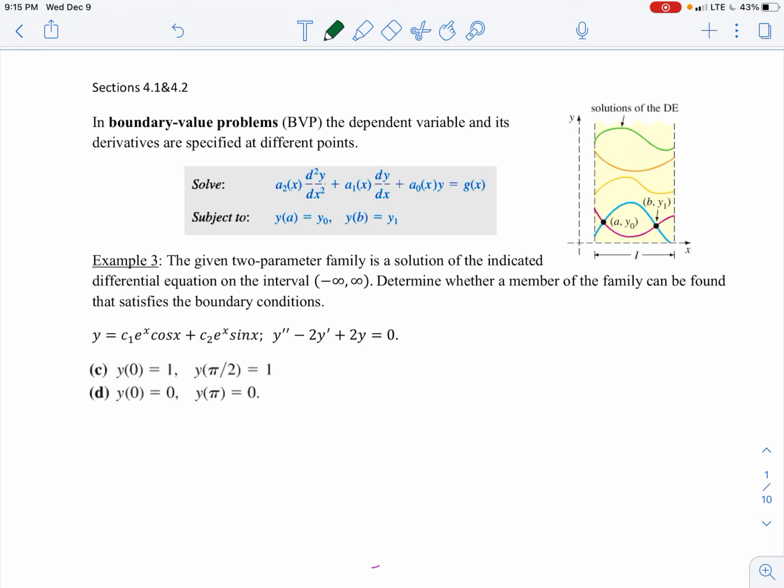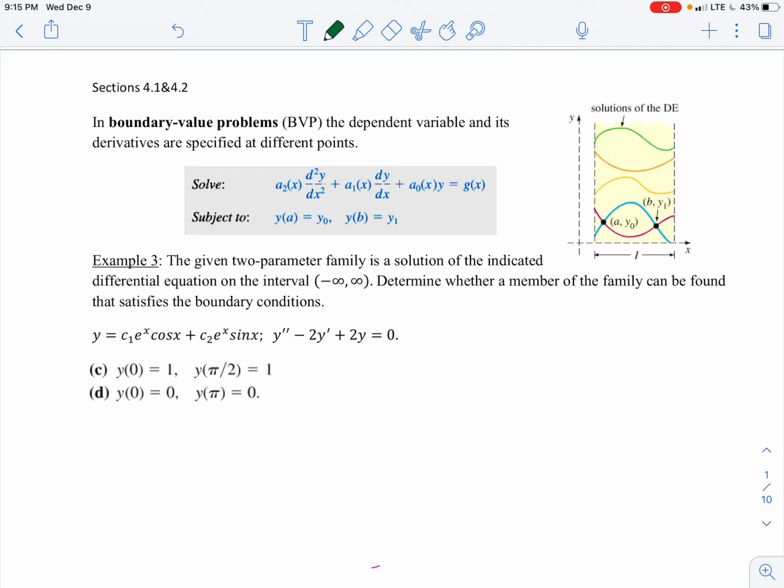We're not really talking about uniqueness of solution in this section. For boundary value problems, we have two initial values and we're trying to find the solution or solutions to the differential equation that have the same initial values.